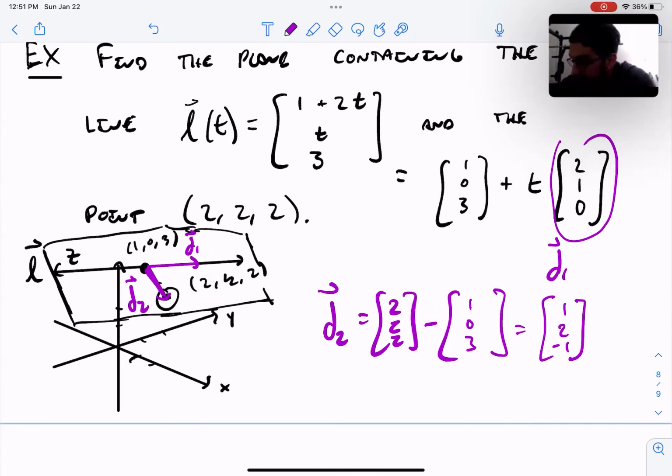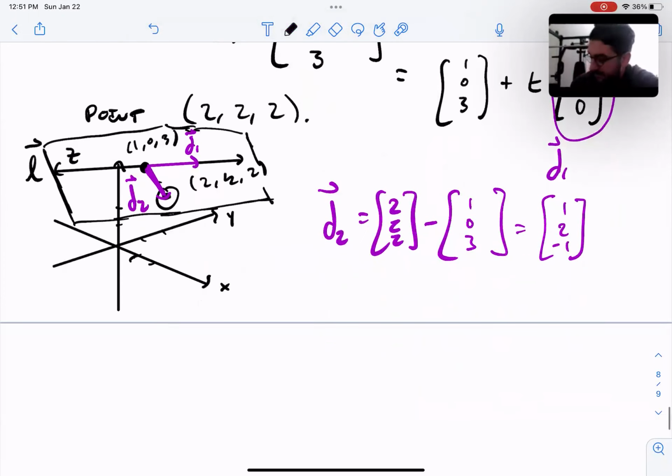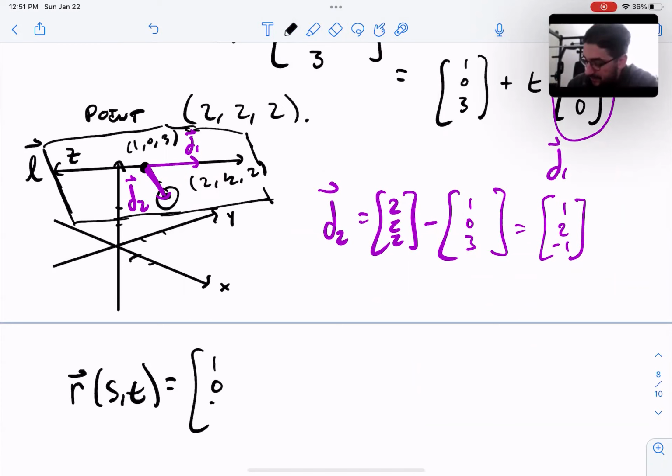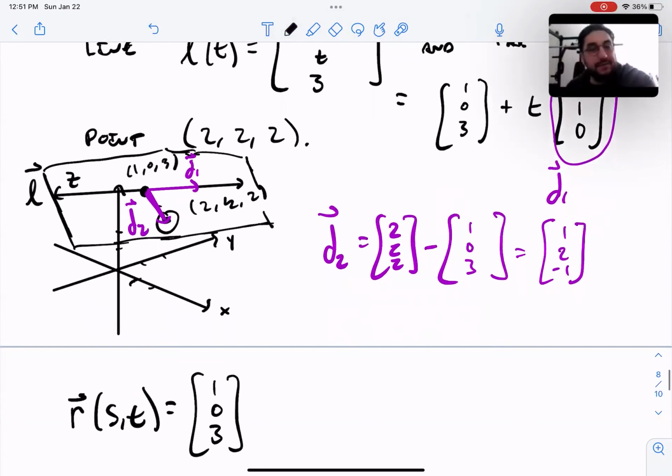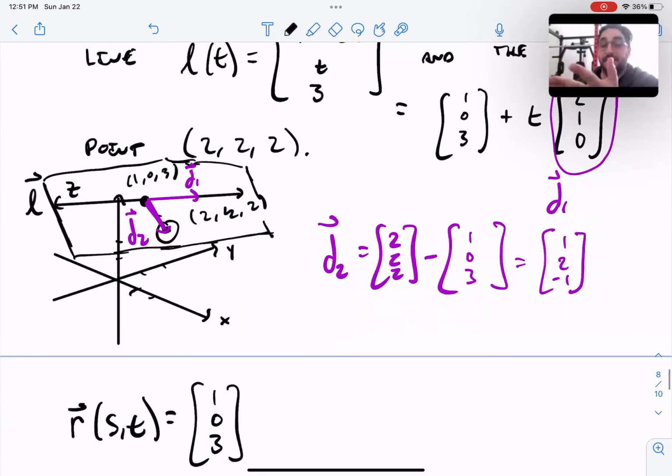Now I have two direction vectors, right? So now I can specify my plane. What would my plane be? It's this initial point, 1, 0, 3. That's the only point I was actually given on the plane. I mean, you could find more by plugging t-values into L, or you could use 2, 2, 2, either one. But I'll use 1, 0, 3, the initial point from the line, just because that's how I drew it in my picture.